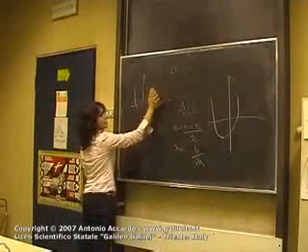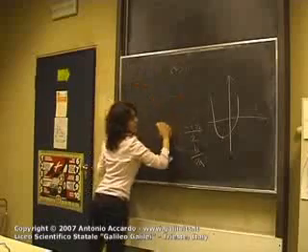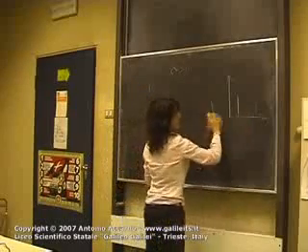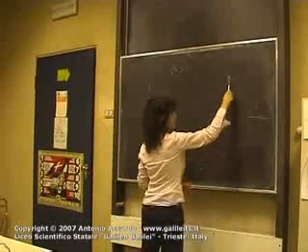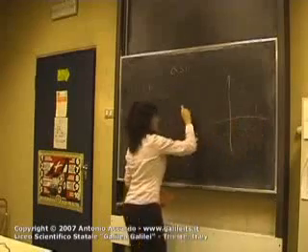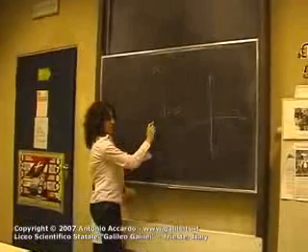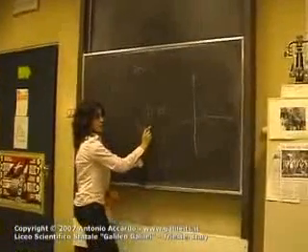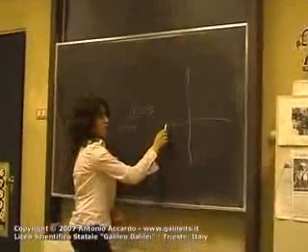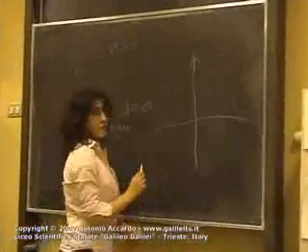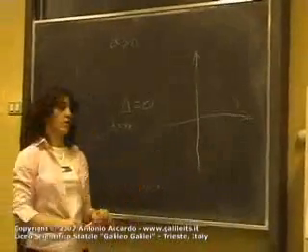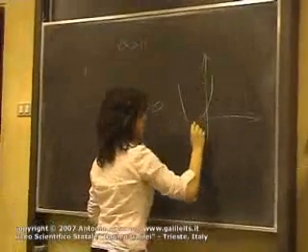But if delta is equal to 0, we will have two coinciding solutions. So x1 is equal to x2, which means that our parabola will intersect the x-axis in only one point. For example, this one here.